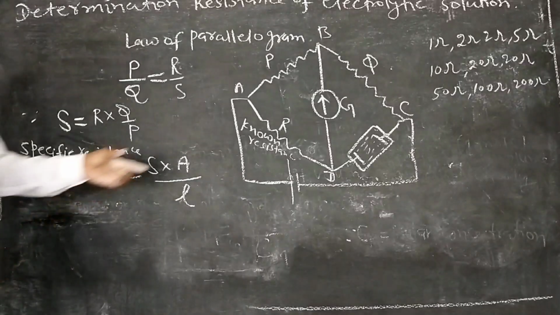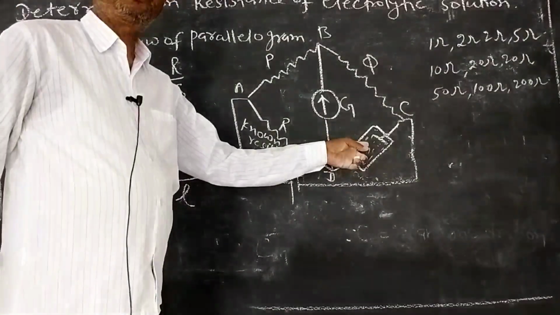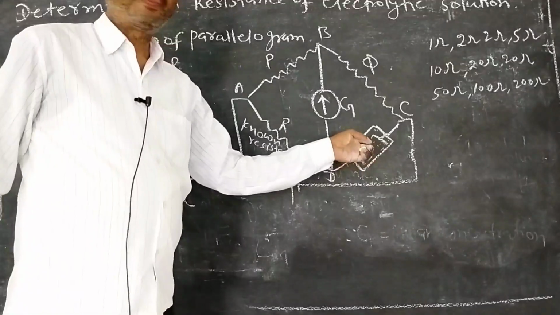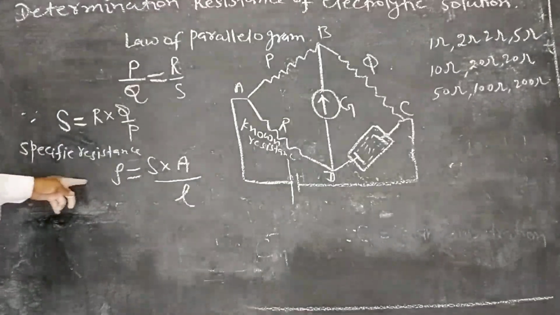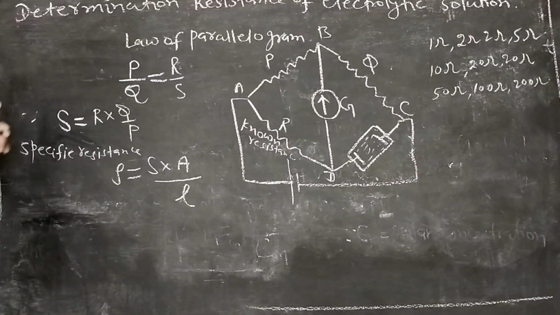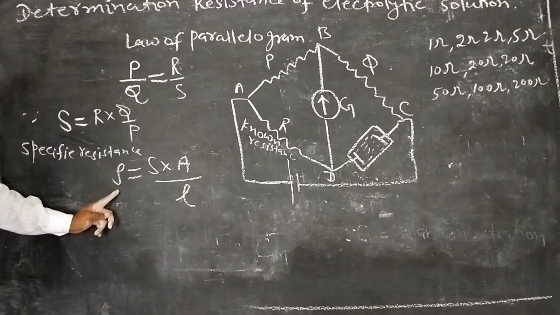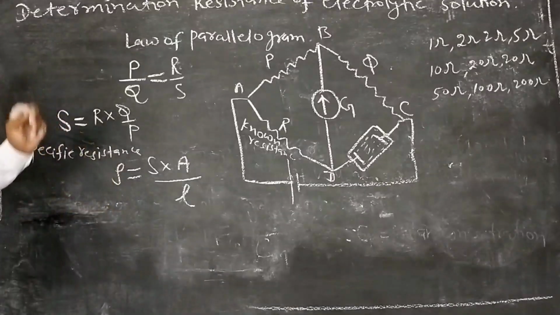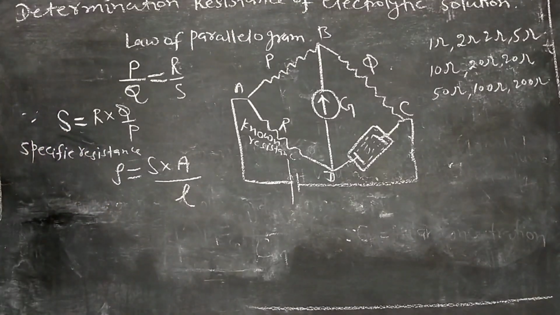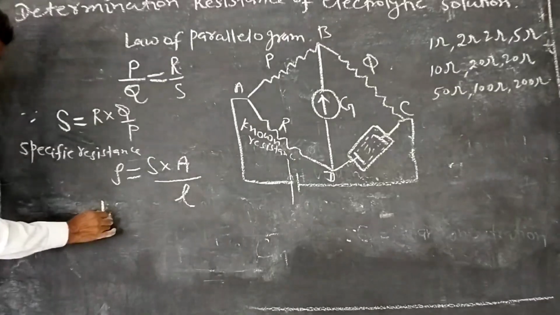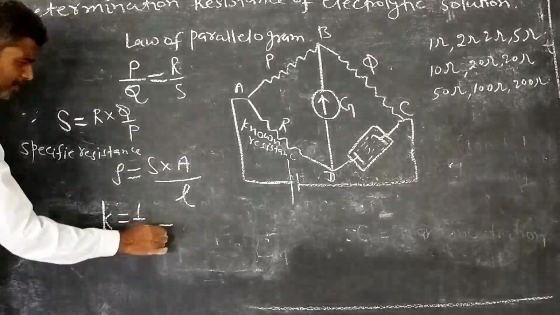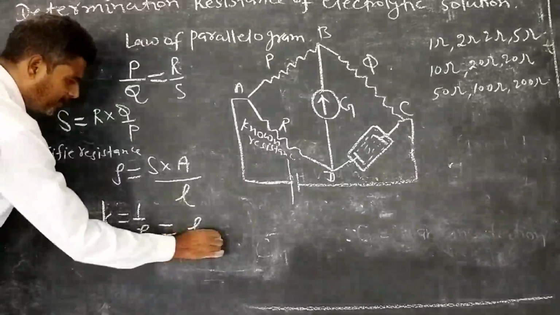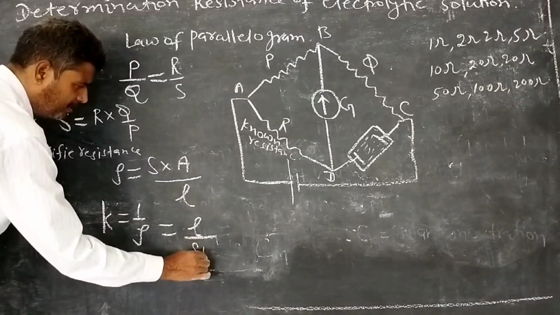So knowing the value of S, we obtain the value of rho, specific resistance. After specific resistance, we calculate the conductivity. The conductivity kappa is equal to 1 by rho. So thus our value will be L upon SA.